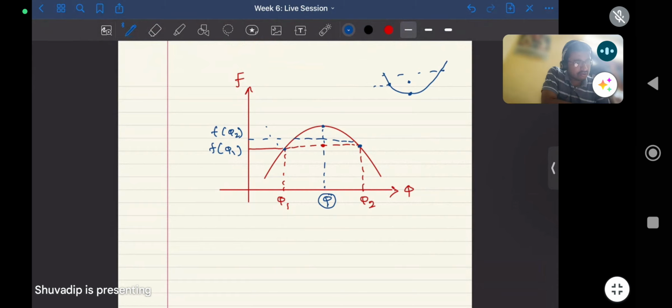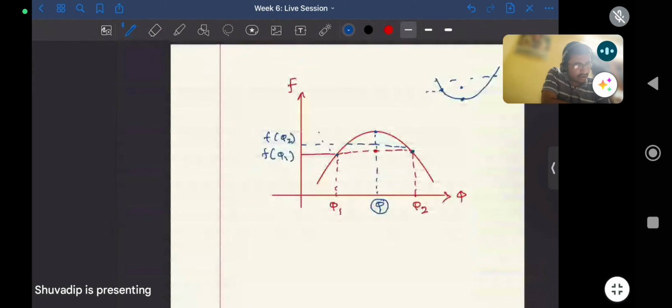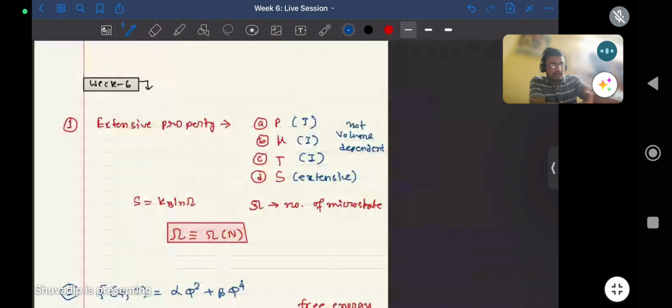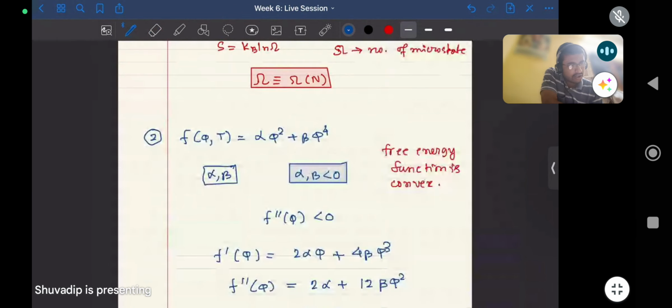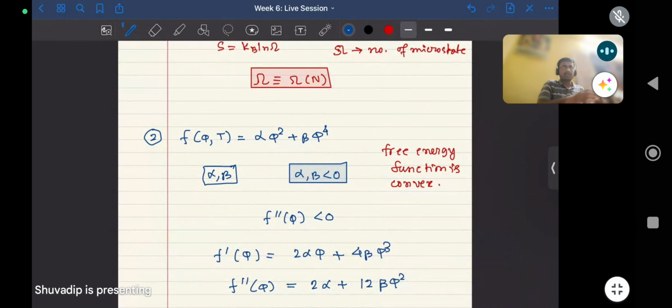So let me recap once more that you are given f of phi as some function alpha phi square plus beta phi to the power 4, and the question is what is the condition on alpha and beta so that I can see always a phase separation. Now to see a phase separation, the first condition is that the free energy function should look like a convex function.